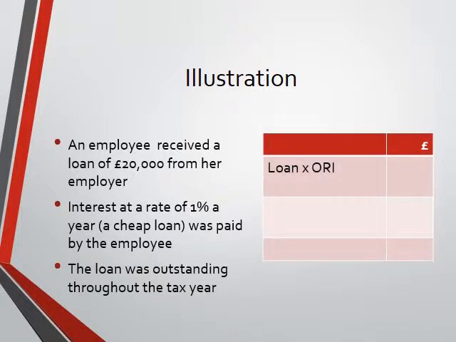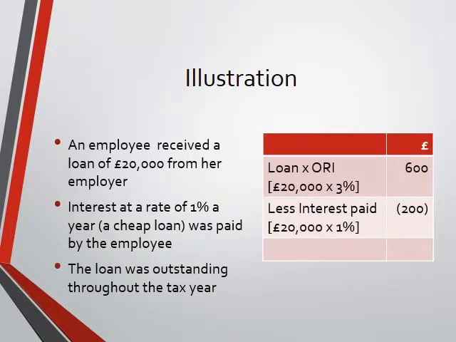First of all we would take the amount of the loan that's outstanding and multiply it by the official rate of interest. So that's 20,000 multiplied by 3%, or £600. We would then calculate the interest that the employee paid on that loan, and deduct this amount. So that's £20,000 times 1%, or £200. So the taxable benefit of this beneficial loan to the employee is £400.